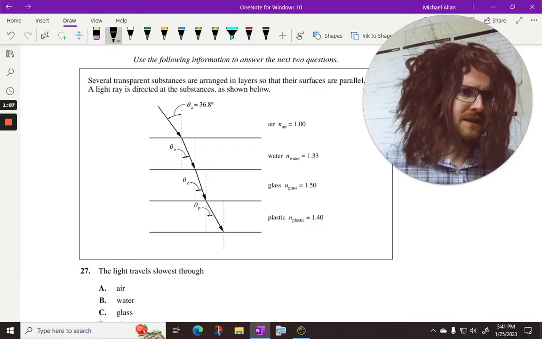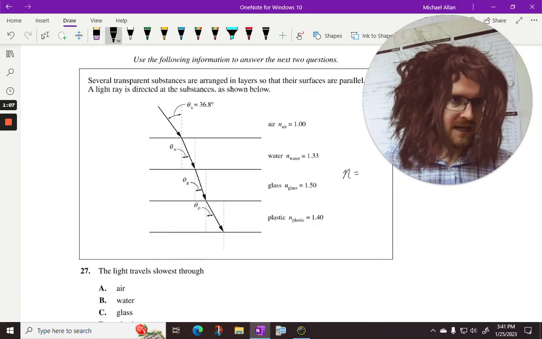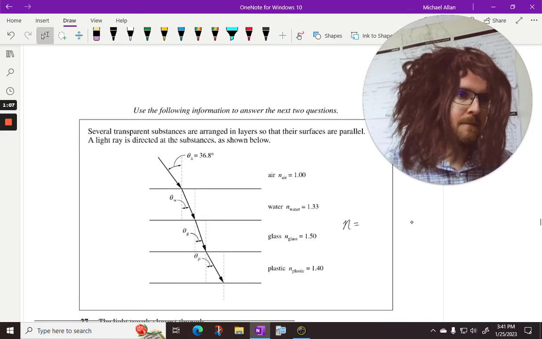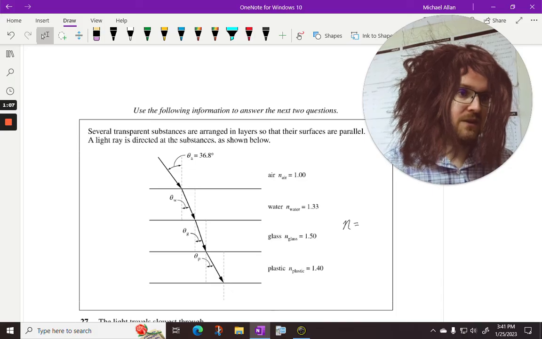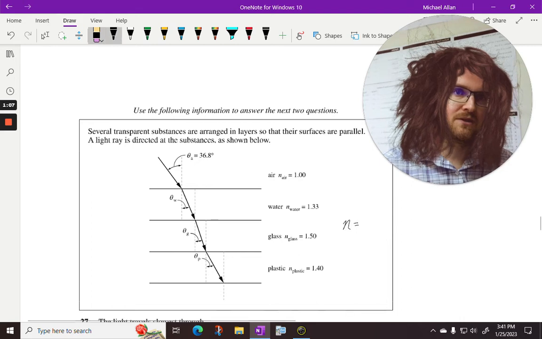The N value is a ratio comparing how fast it is compared to the actual speed of light, right? So the higher the value, the slower it's going, because if I take V divided by C, no, that's the wrong way, isn't it? C divided by V, that's the way I should do it.